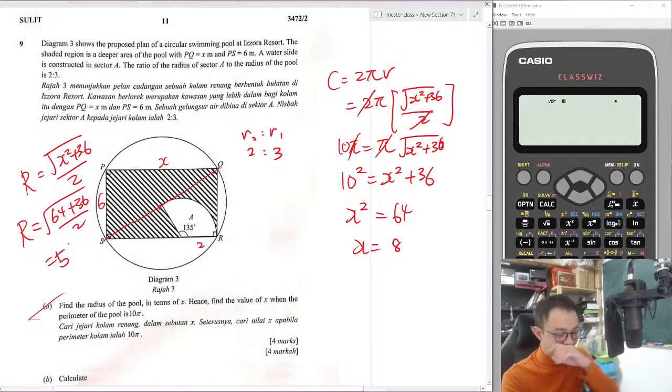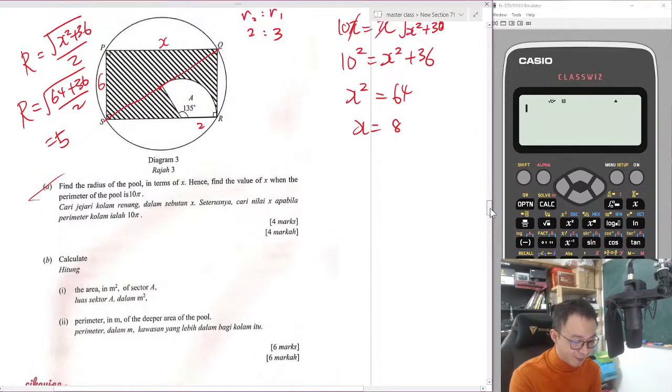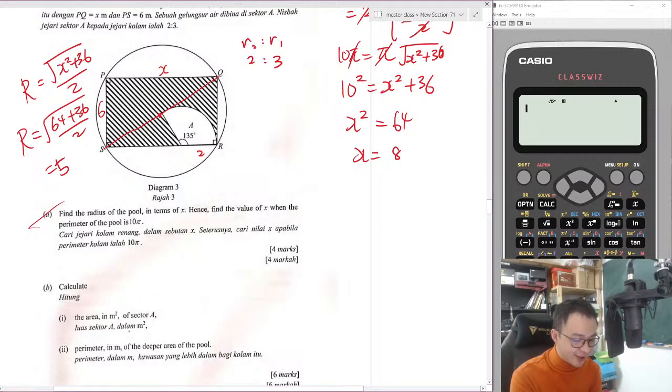So my radius is 5. I need it for part B, where they ask me to calculate the area of sector A. So I have to find this radius, which I'm going to call R2. R2 over R1 equals 2 over 3. My R1, the longest one, is 5, so my R2 is 10 over 3.